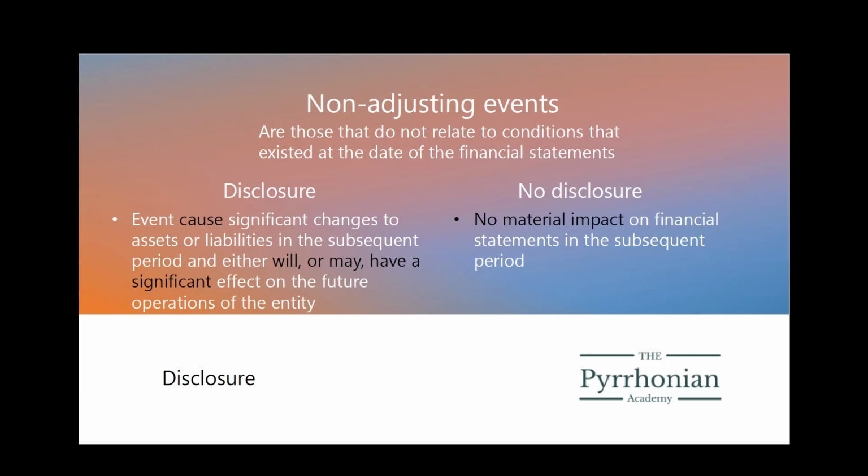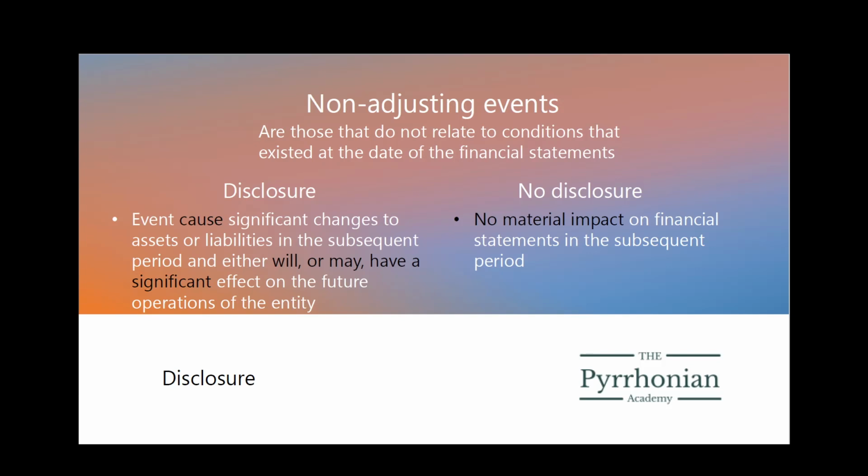And these non-adjusting events, the standard divides them into two groups. So one group of events doesn't require an adjustment of financial statements, but they are required to be disclosed.